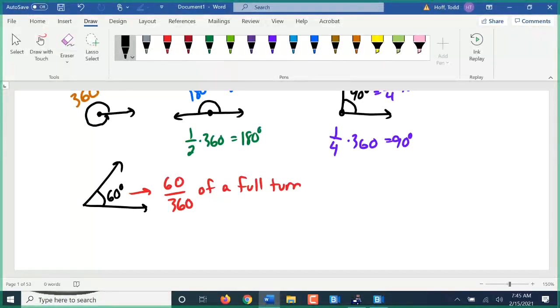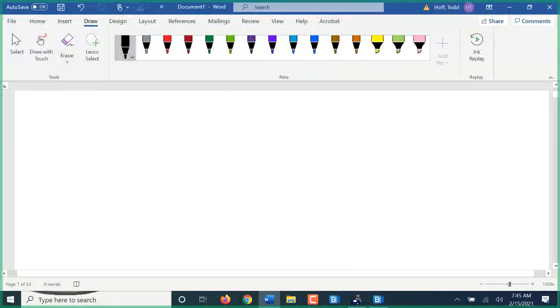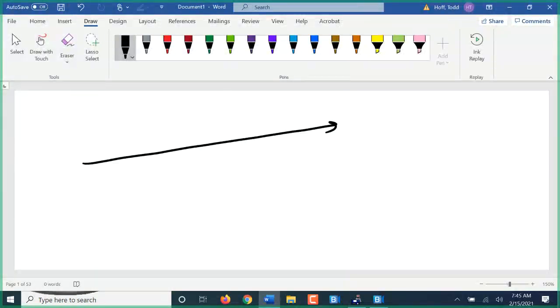Now there are some special relationships that we want to talk about. Angles that add up to a straight line. If I know that this smaller angle over here is 78 degrees, what is this larger angle?